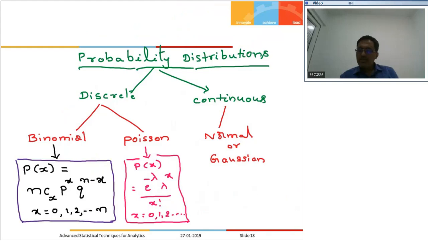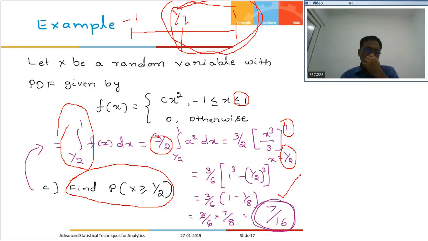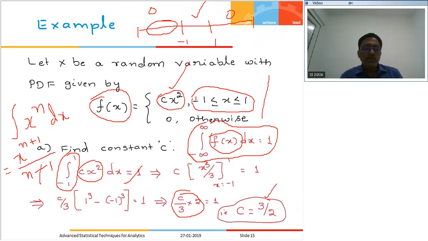Can you please help us understand the value of C? How did you do that integration? The value of C we already got at the beginning, when doing the problem. Now that we had the C value, f of x becomes 3 by 2 x squared.